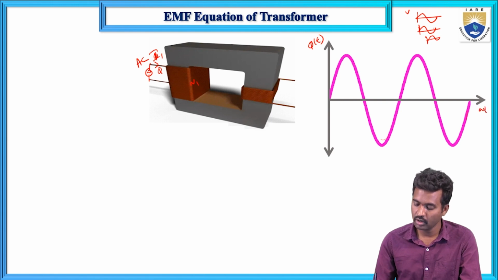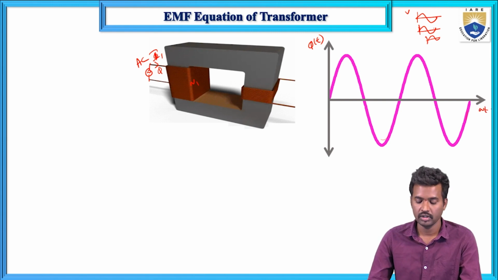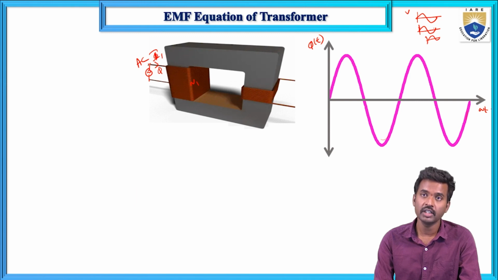Here this is omega t, and this is the flux waveform. When you give the AC sine wave supply to the transformer primary winding, current flows in the primary winding, and that current sets up the flux.